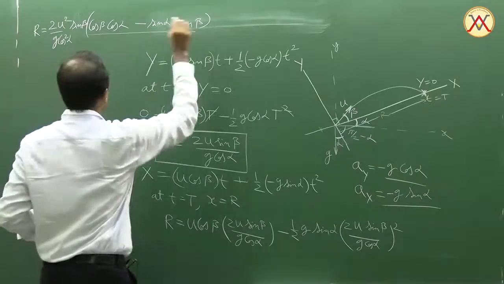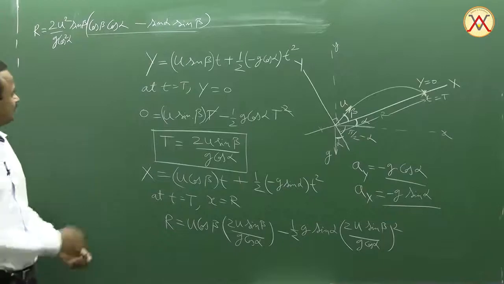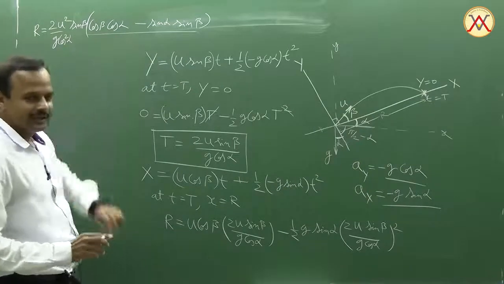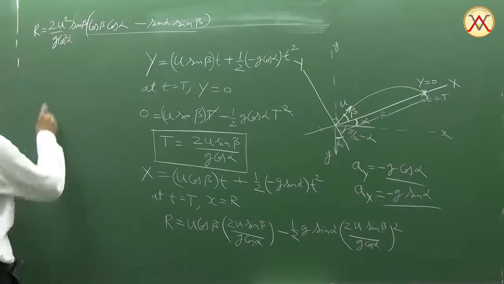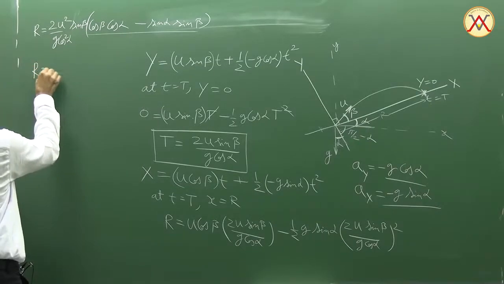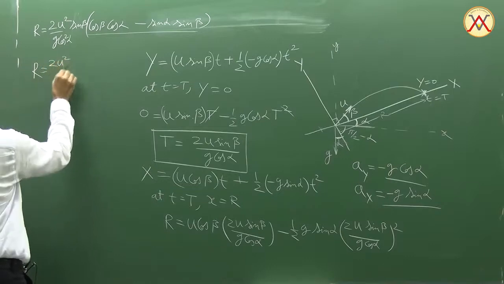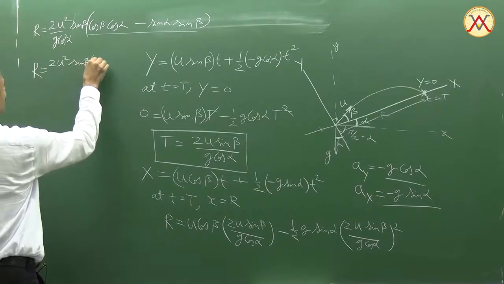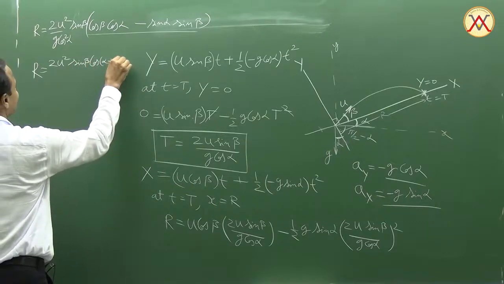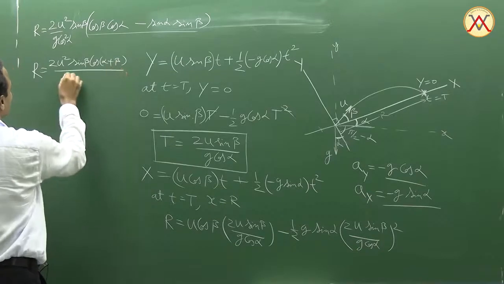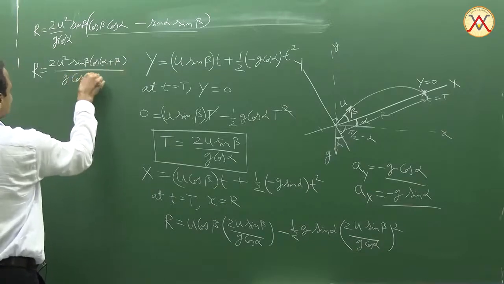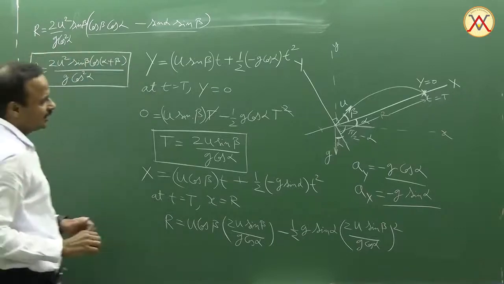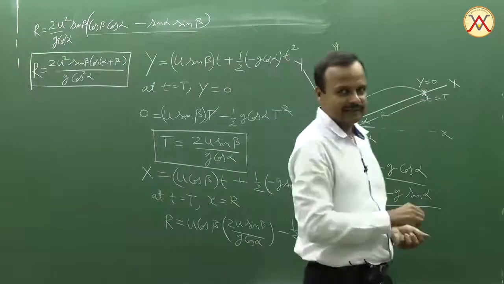Now this you must be knowing is a formula of trigonometry. We can write this as cos of alpha plus beta. So the result for range becomes 2u square sin beta cos of alpha plus beta divided by g cos square alpha. So this is the formula for range along an inclined plane.